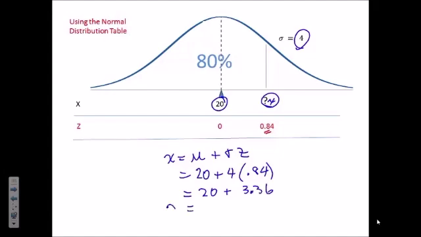So therefore x is equal to 23.36. Now this number may not match precisely with what you had on the calculator. The calculator carries more decimal places, and the table rounds off to 4 decimal places for areas.